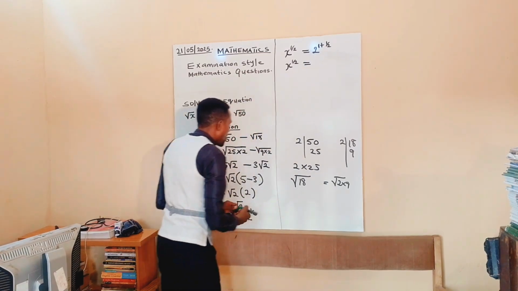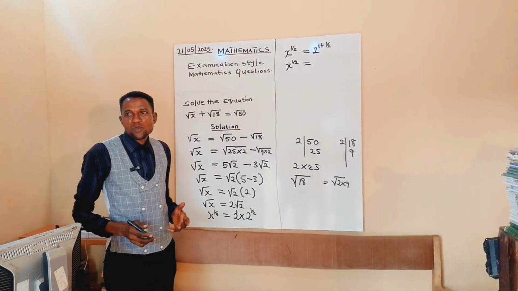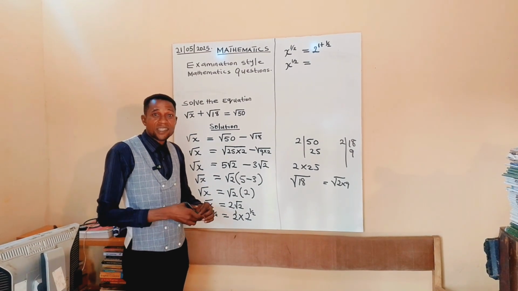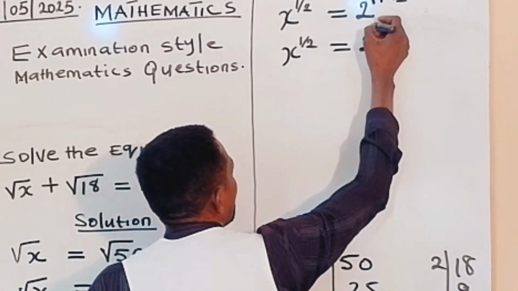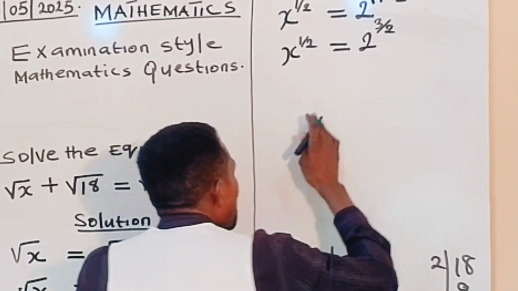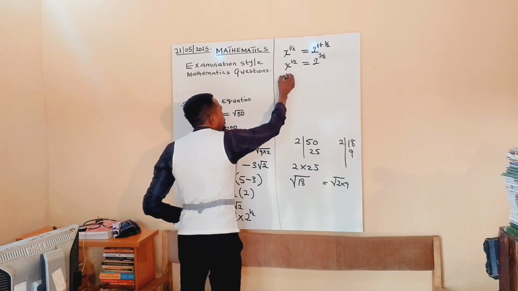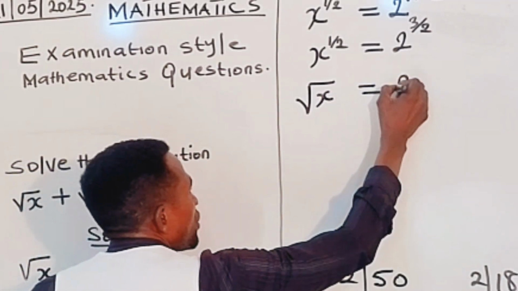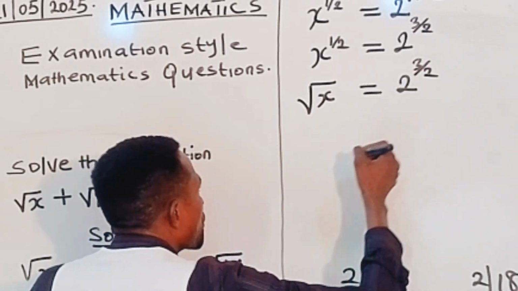One plus half will give us 1 whole number, 1 all over 2. But when we turn it to an improper fraction, it's going to give us 3 all over 2. 2 raised to the power of now 3 all over 2. Now we can bring it back and we have our x equal to 2 raised to the power of 3 all over 2.